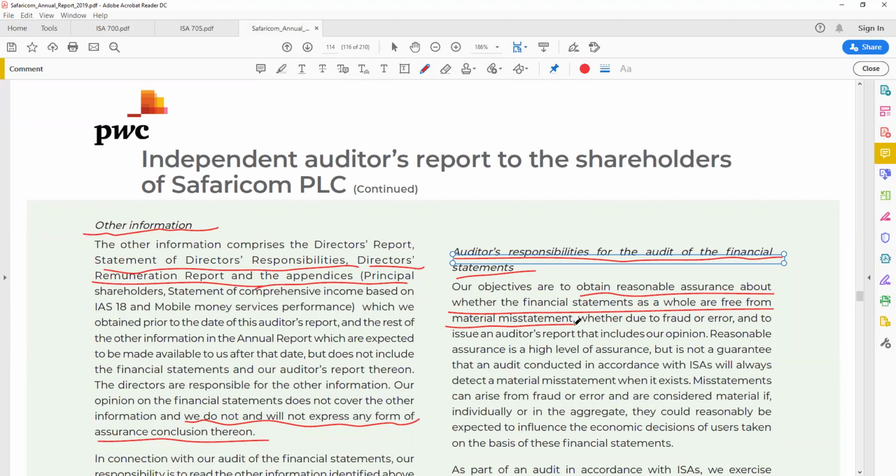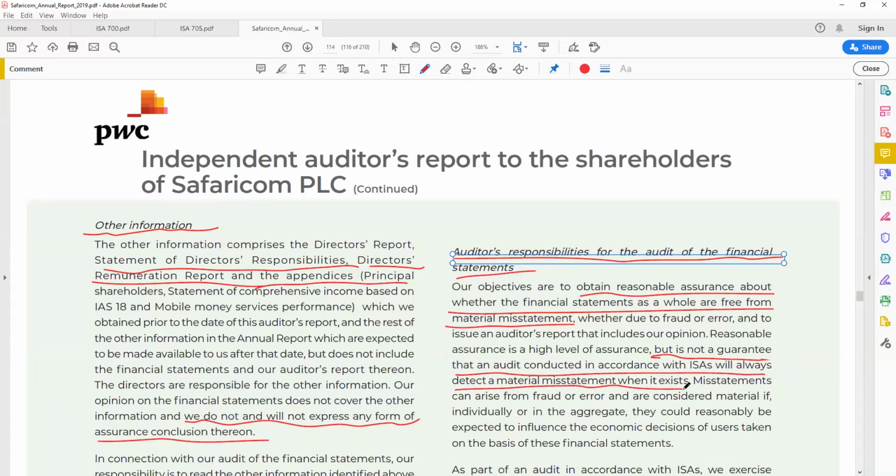Now here, don't forget, as I mentioned, the reduction of the expectation gap. So you may want to describe that it is my work to go through the accounts of the company and assess whether they are free from misstatement, but I don't give a guarantee. It's not a guarantee that an audit conducted in accordance with the standards will always detect material misstatement.